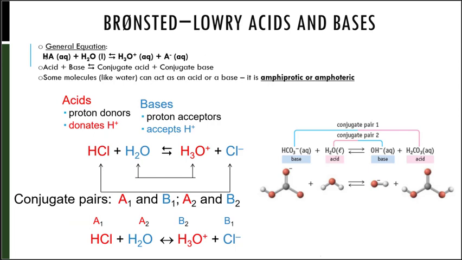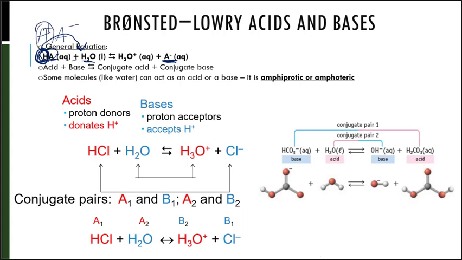Our general equation here is I have HA, so this is my acid, and we know acids start with H, hydrogen. Dissolved in our water, our H2O, it's going to be a proton donor. So our acids will donate this hydrogen. Hydrogen is a proton. It's going to donate it, leaving me with A-, because HA is H+ and A- combined together to make HA.